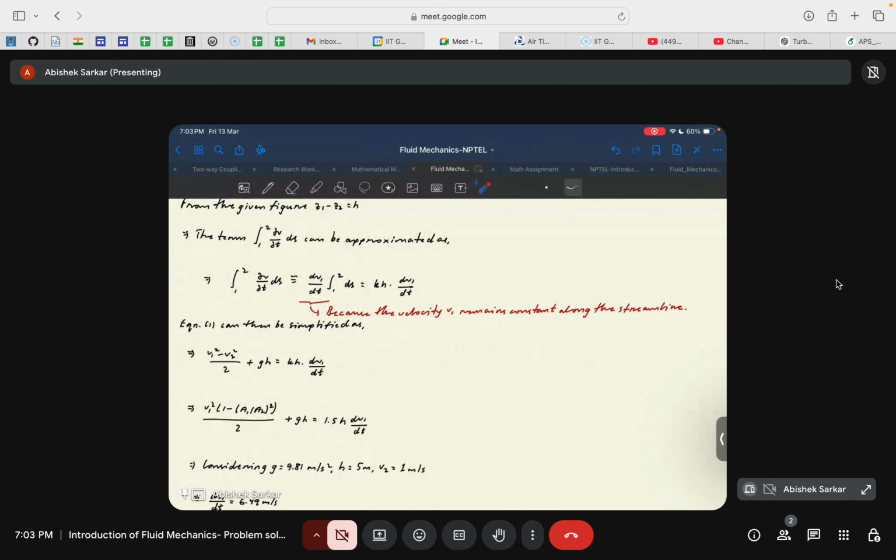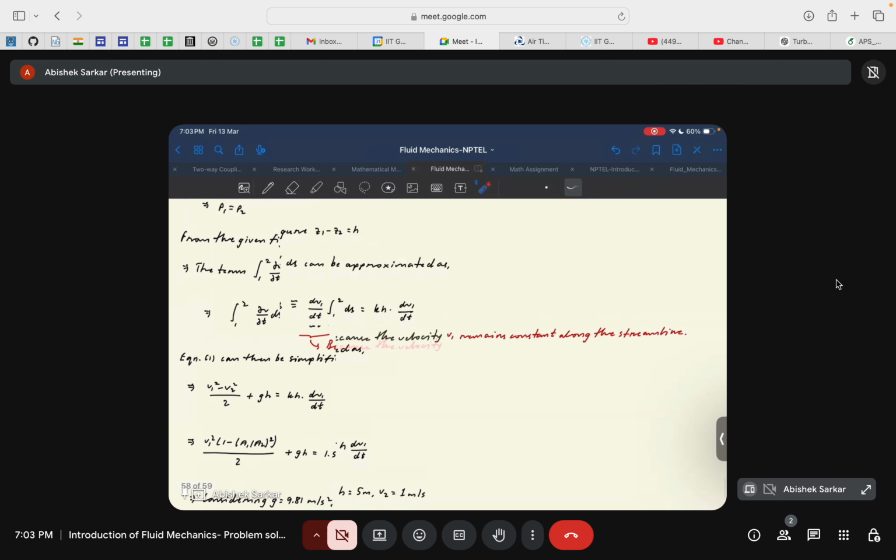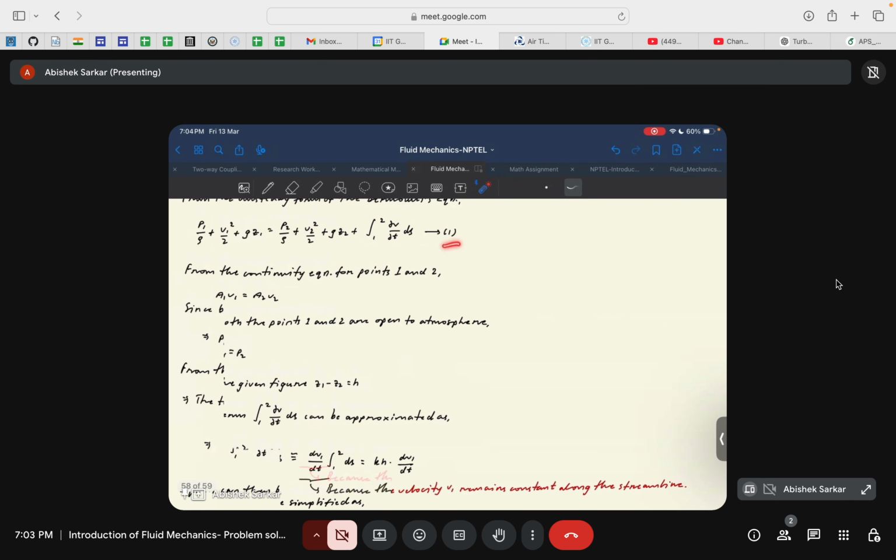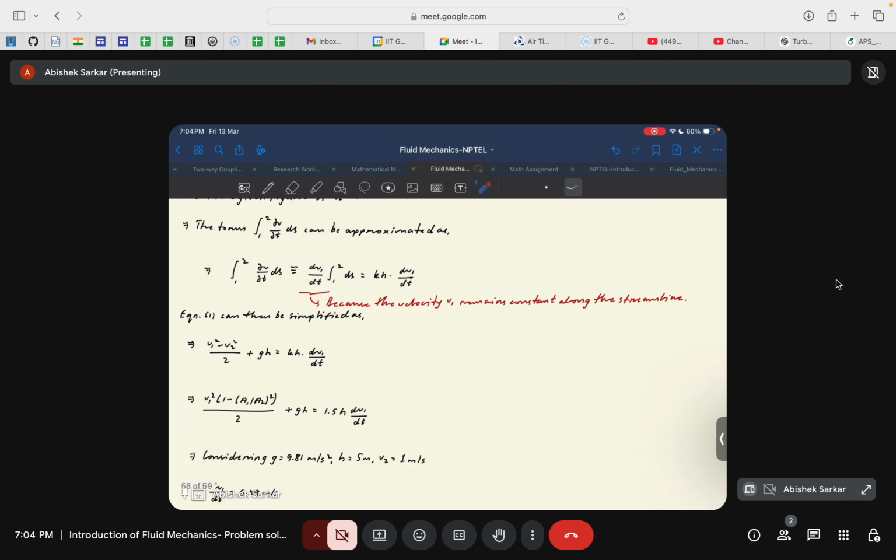So our simplified expression turns out to be kh times dv1/dt. The final form of Euler's equation, equation 1, can be represented as (v1² − v2²)/2 + gh = kh dv1/dt. So this dv1/dt is indeed the local acceleration that we need to find.